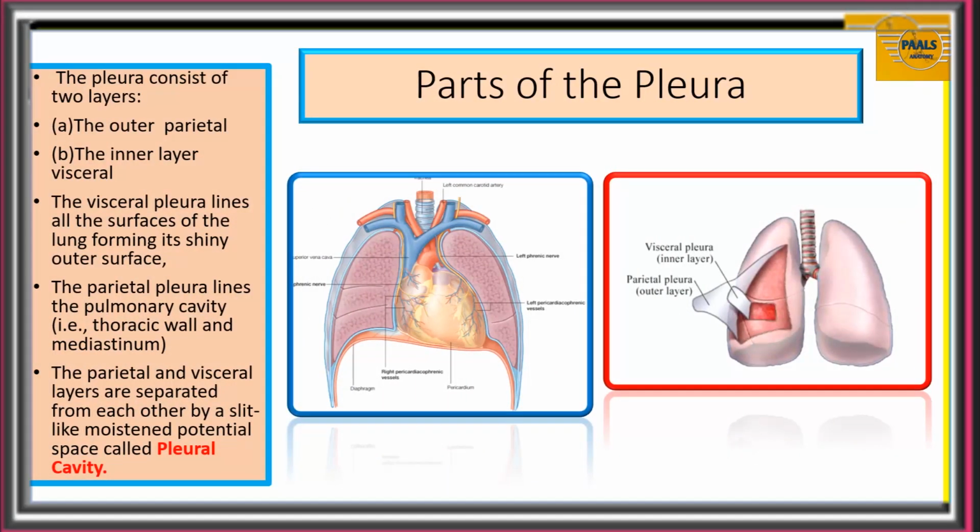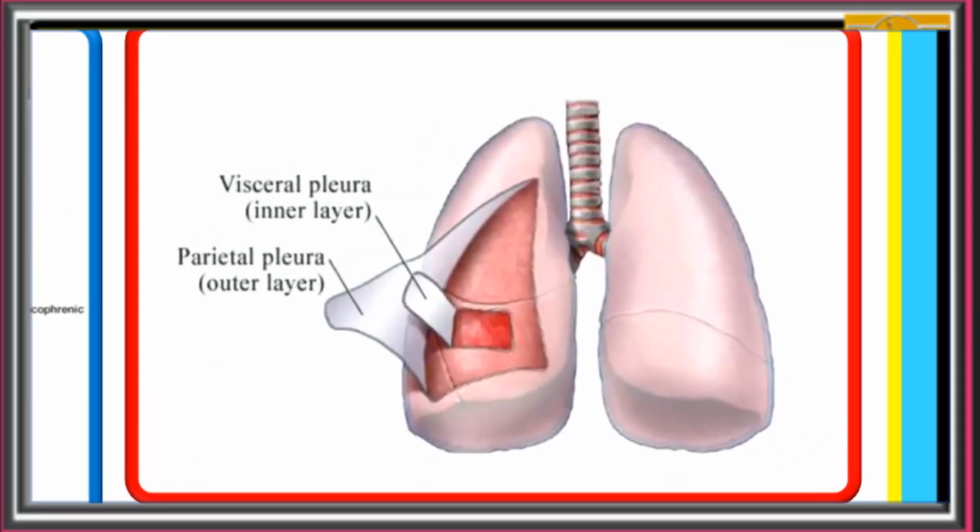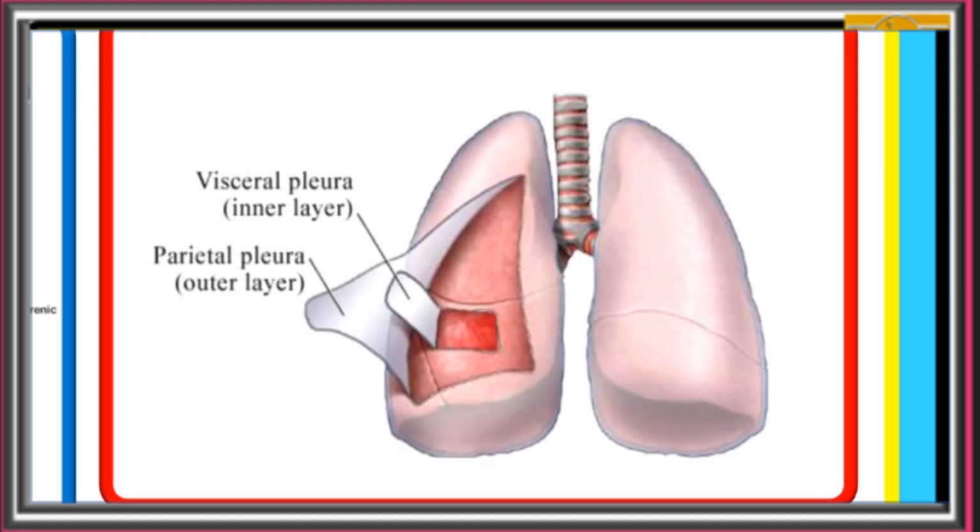We'll look at the parts of the pleura. We've already mentioned we have two layers, the outer layer and the inner layer. Here again is the inner layer, which we said is called the visceral layer, and here is the outer layer, which we said is called the parietal layer. The visceral layer will line the surface of the lung, forming its shiny outer surface.